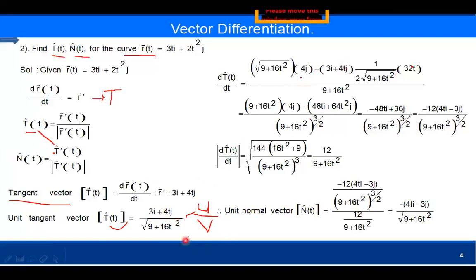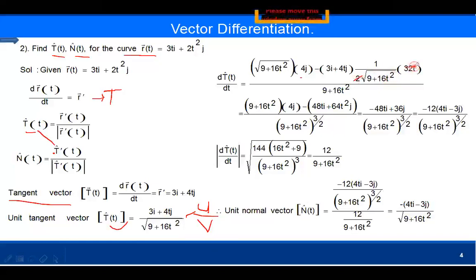Here v is root of 9 plus 16t square. Consider root x; its derivative is 1 upon 2 root x. Therefore the derivative of this function is 1 upon 2 root of 9 plus 16t square into the inner derivative: 16 into the derivative of t square, which is 2t, so that is 32t.